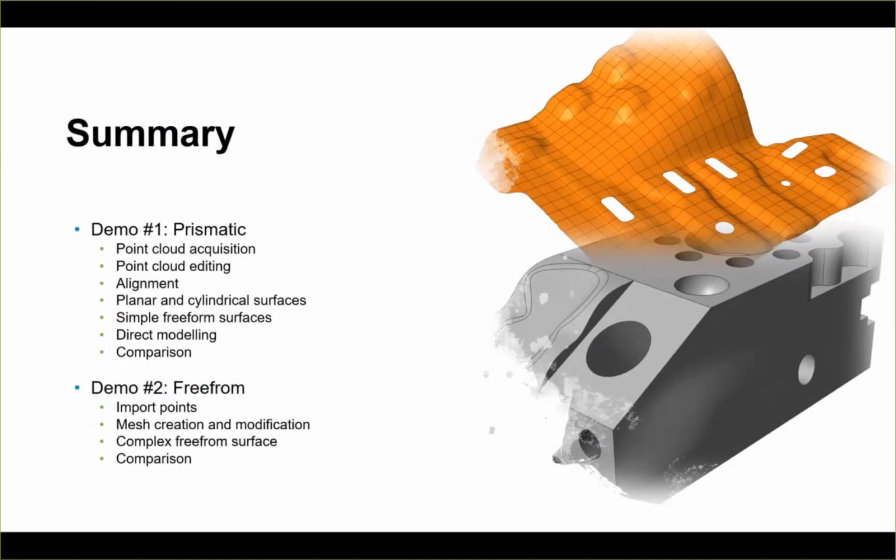We extracted planar and cylindrical surfaces from our mesh model, and we created some relatively simple freeform surfaces. Did a bit of direct modeling with our Booleans and a couple of blends. Did a comparison analysis. Then we had a look at some more freeform geometry, where I, rather than scanning directly in, used a point cloud that was imported.